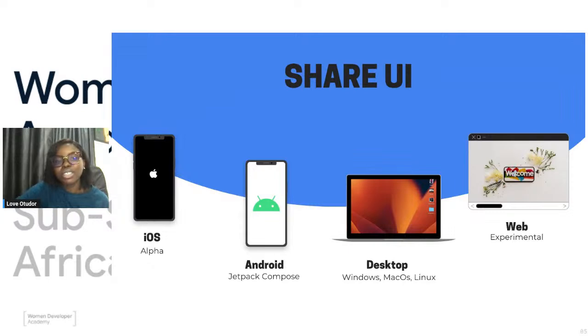So one UI code can run on your iOS devices like your iPhones and iPads. It can also run on your Android devices, or your laptops that have Windows, Linux, or macOS on them. And currently, in the experimental phase, they're also working on making it possible for you to share your UI across websites too.